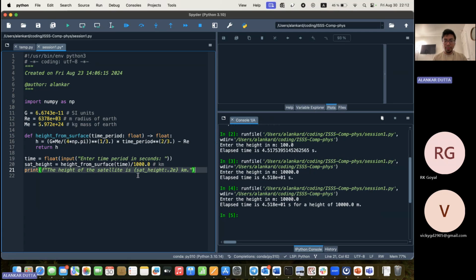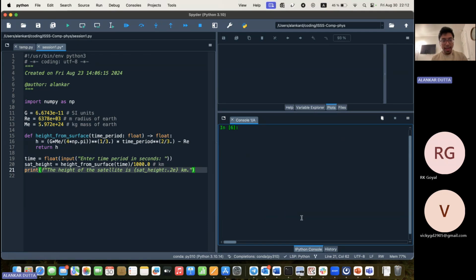So I think this is what we want to do. So just to clear this terminal, what you can do is just give a percentage clear, so this just clears the screen, and now we are going to just start this.